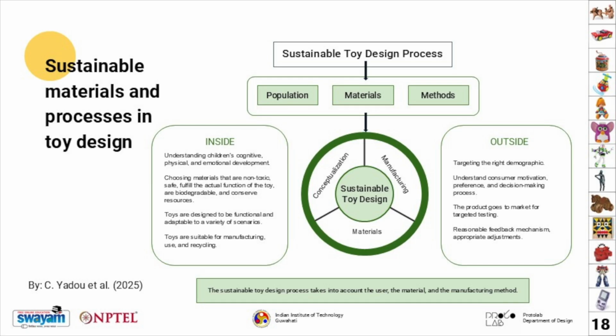And in manufacturing, production processes must maintain quality while minimizing environmental impact. The process also includes internal and external dimensions. Internally, designers focus on safety, functionality, adaptability, and recyclability. Externally, they must understand target demographics, consumer behavior, market testing, and feedback mechanisms.